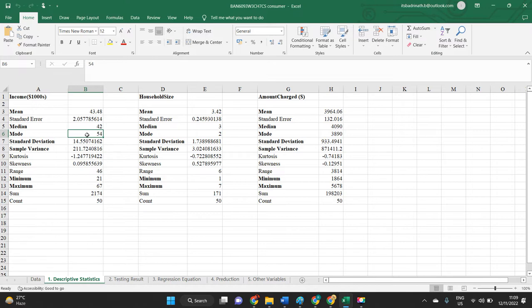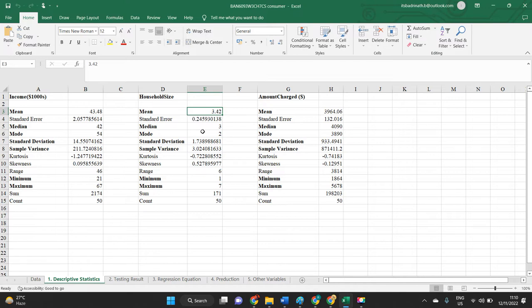Next, if we consider household size, the minimum number of people living in the house is 1, and the maximum is 7. So these two values we can understand. When we consider overall data, the average household size is 3.42, approximately 4 people. The median, the central point, is 3.